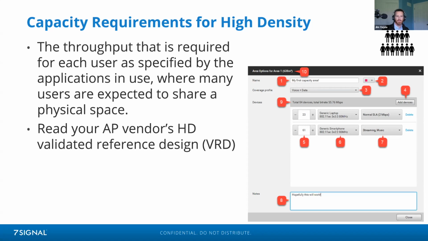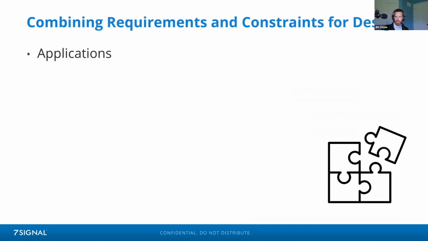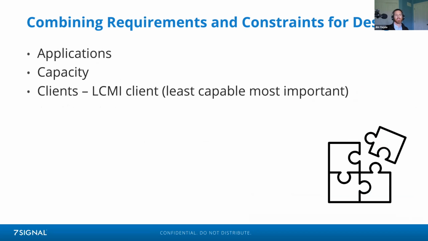Okay, so, I kind of alluded to this, but application requirements are just one consideration in the design process. We also have to think about capacity. What are our requirements for capacity? We also think about the clients we're supporting. What are their capabilities? What's their roaming performance? What security suites do they support?